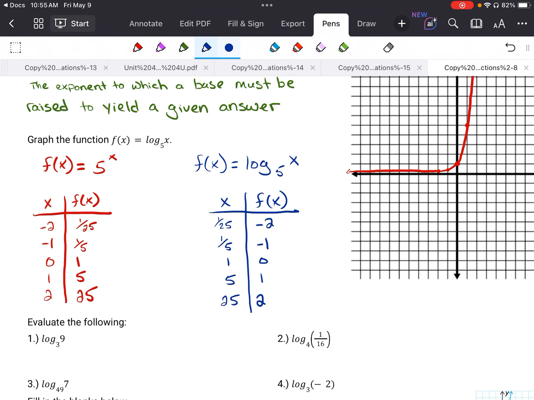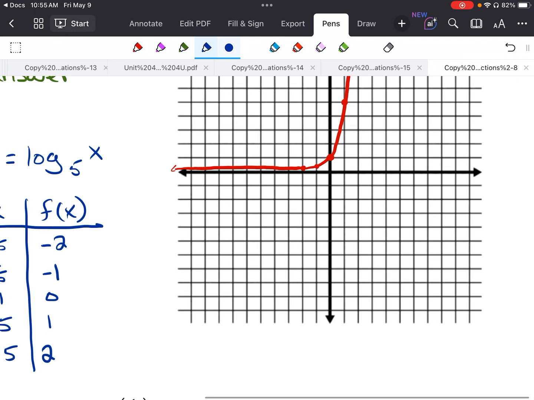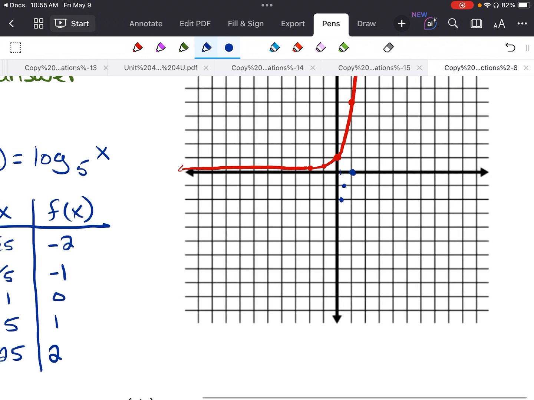So what does this one look like? When x is 1 over 25, so very, very small, y was negative 2, then negative 1. When x was 1, it was 0. When x was 5, we had 1. When x is 25, it's 2. So you can see it's the complete opposite of the exponential.